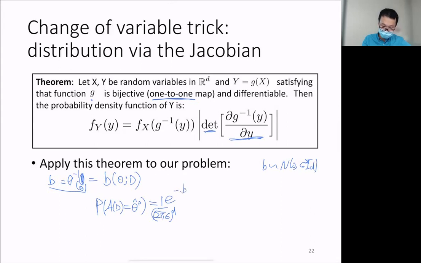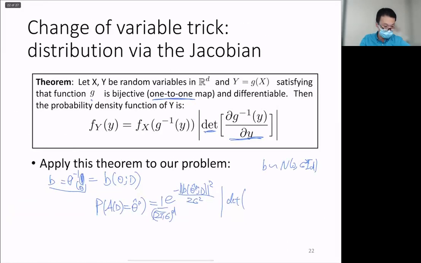What is g inverse? It's b(theta hat P given D) squared over 2 sigma squared. So that's a normal density, and then we multiply with the determinant of the gradient matrix of b.